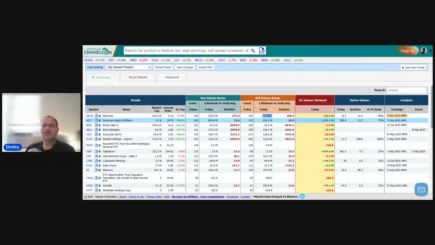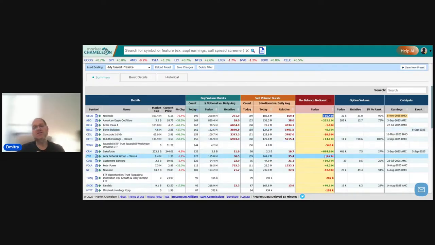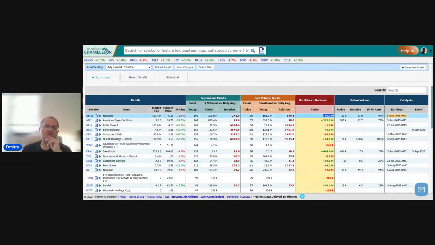If we take one versus the other, there's an imbalance of positive $66.4 million worth of stock favoring buy bursts. You could see that there's a total count of 196 instances of buy bursts, 169 on the sell. Relative to the 30-day, this is 270 times higher, 170 times higher than the daily average.